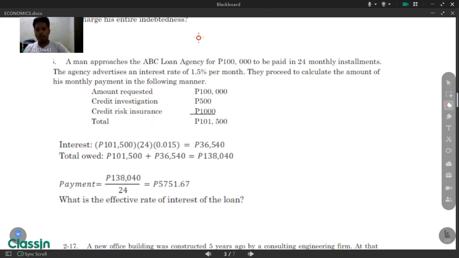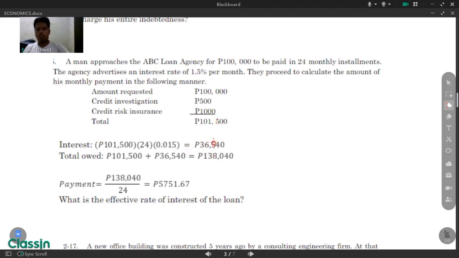Credit risk insurance is 1,000. The total is 101,500. So the interest on 101,500 times 24, which is the time, 24 months, 2 years, and 0.015, which is the interest rate per month, to be paid monthly.